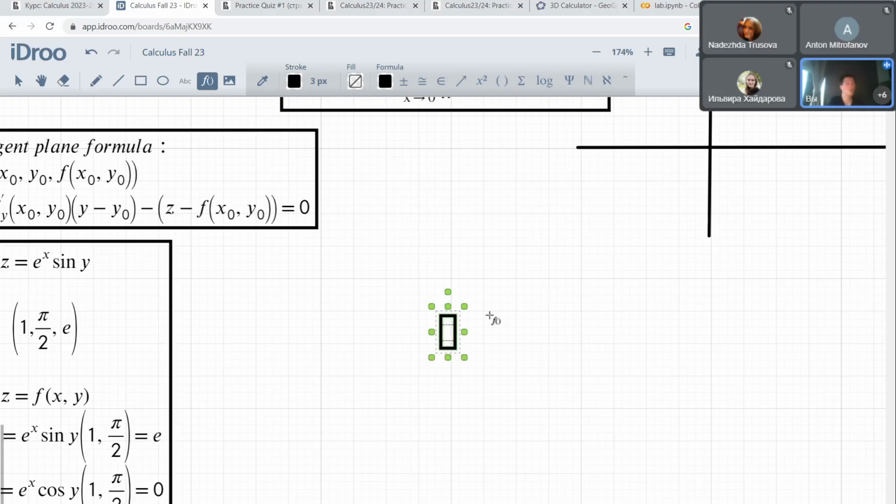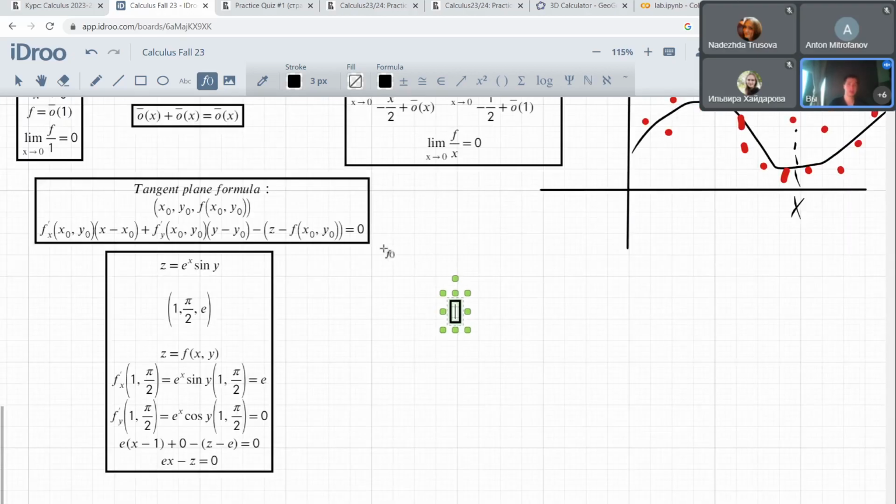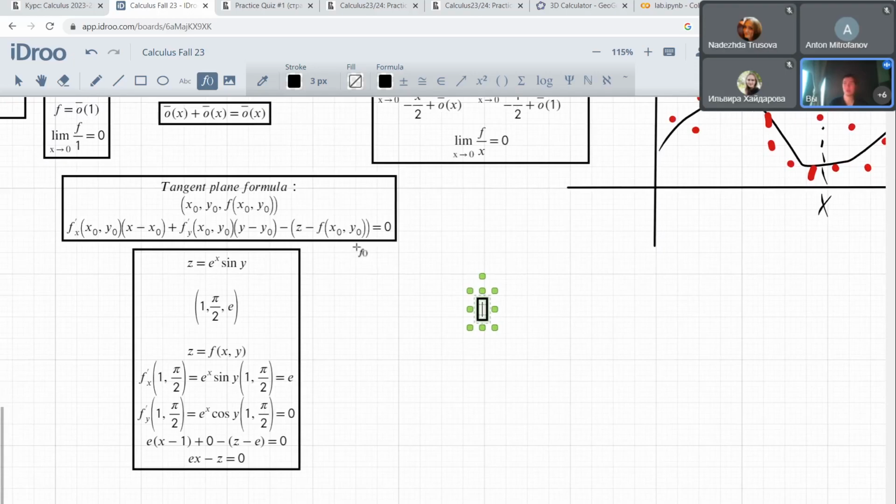Can you compute the derivative if in any neighborhood you have a point of discontinuity? No, you can't do it. You need continuity to compute the derivative. It's necessary, it's not sufficient.